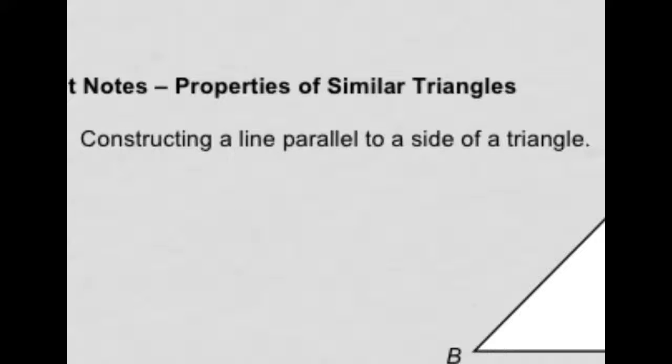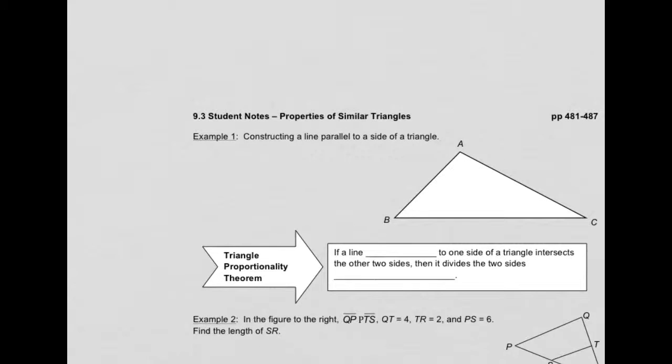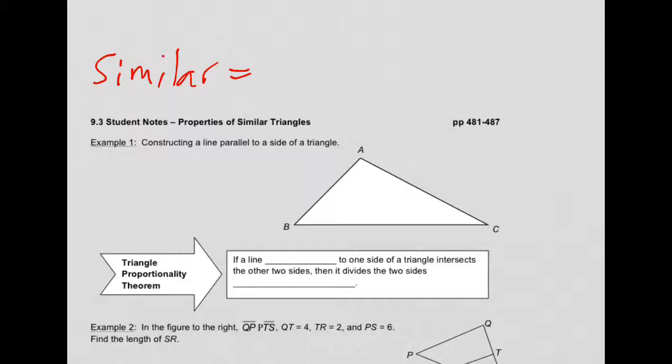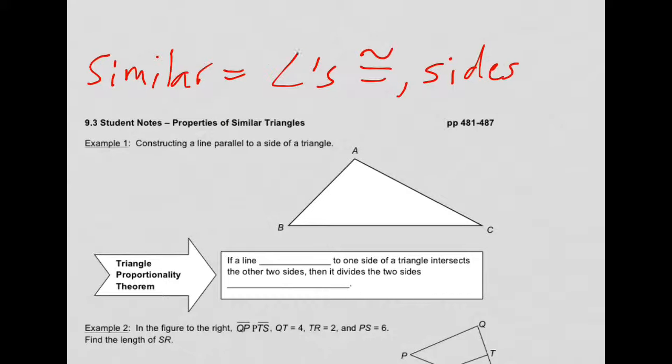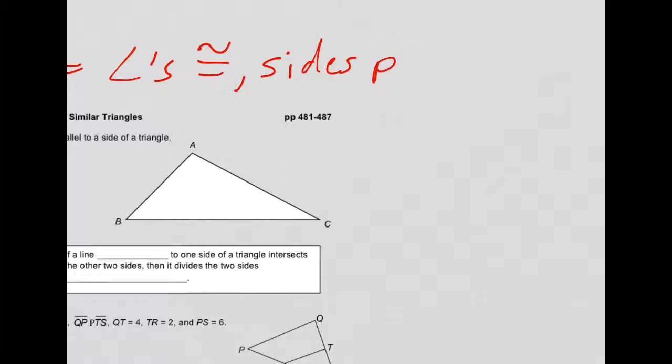Okay, folks, these are the notes for 9.3. We're talking about properties of similar triangles here. Now, don't forget that similar means that the angles are congruent and the sides are proportional.